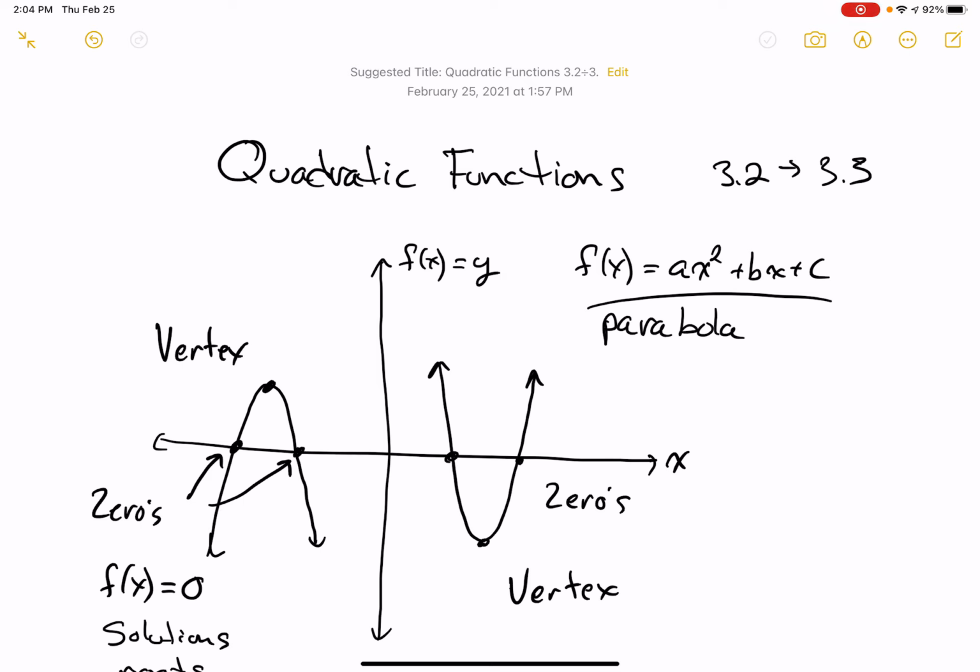Now, there's a few interesting points on this parabola. The first one is this point called the vertex. And the vertex represents either the highest point when the parabola is facing down, or the lowest point.